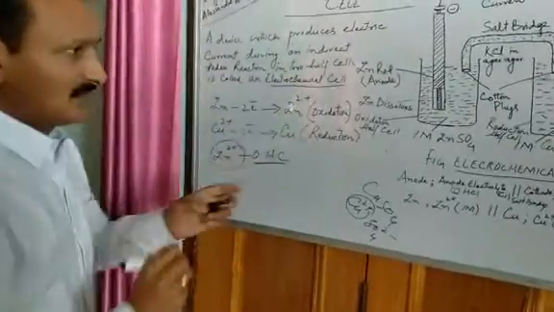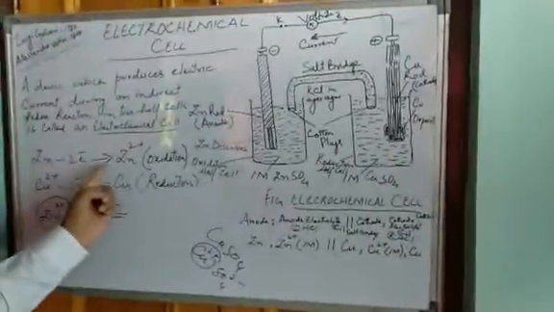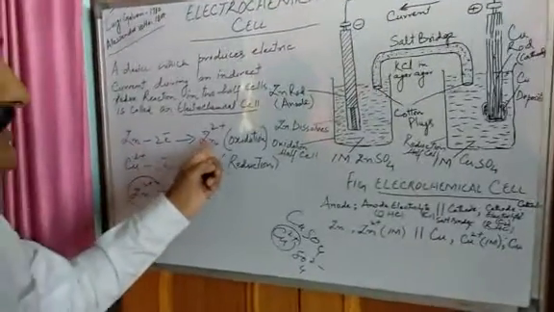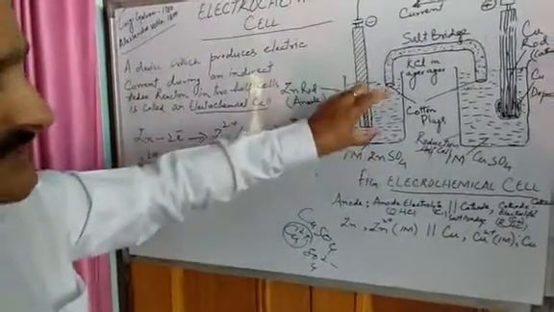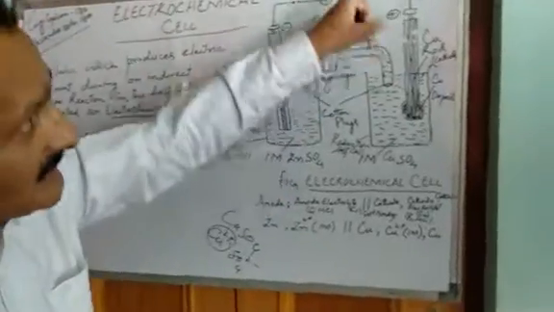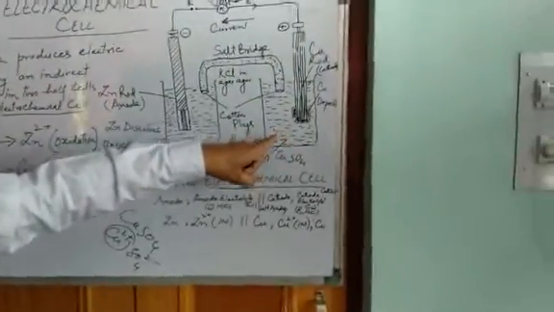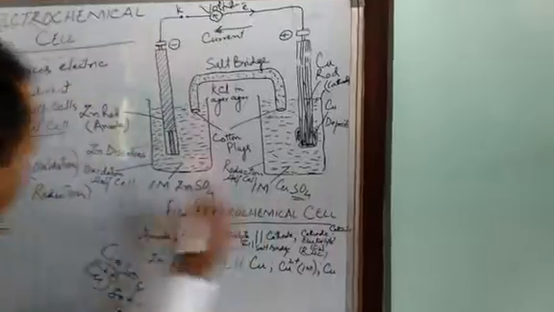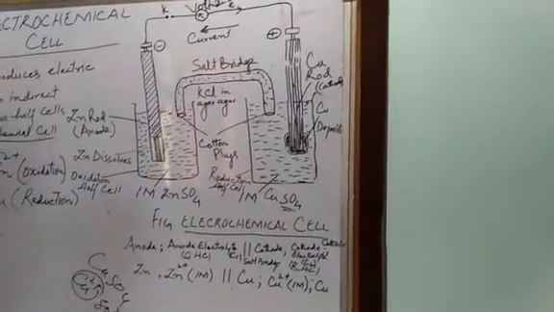Please remember, when zinc loses electrons, Zn2+ ions are produced in this half cell. Their concentration increases. While in the reduction half cell, the concentration of sulfate ion, SO4 2-, increases.